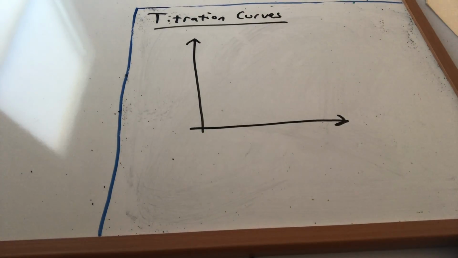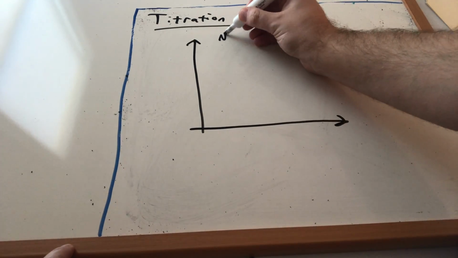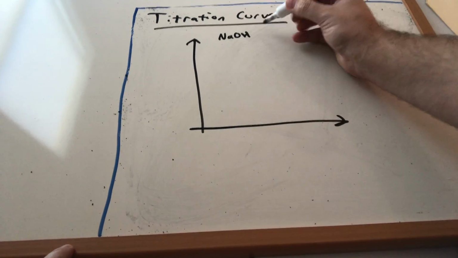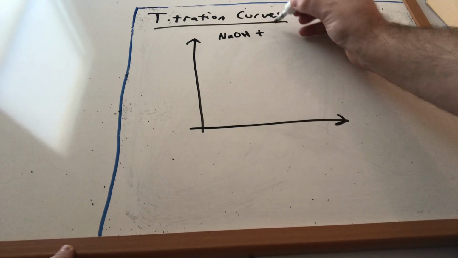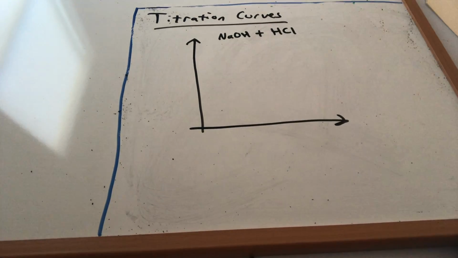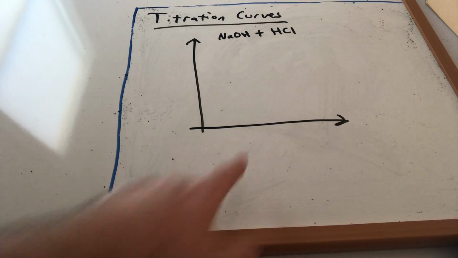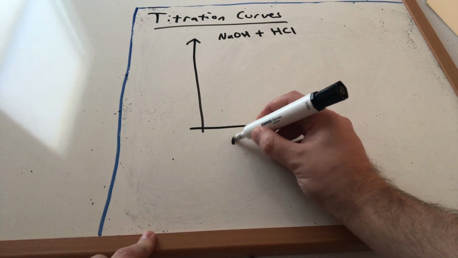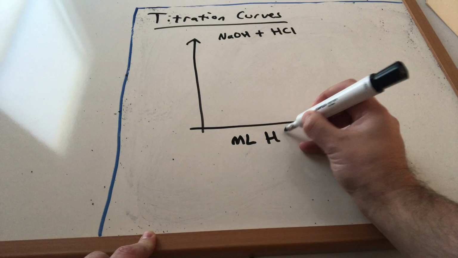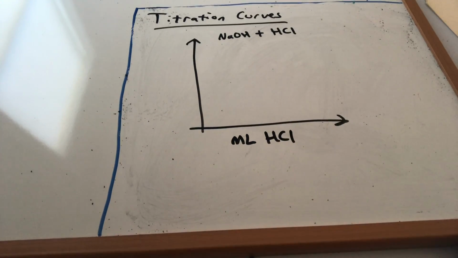So our first example, let's say that we start with NaOH, right? A strong base. And to that, I'm going to titrate with HCl. What a titration curve looks like is down here on this axis, you put milliliters of your titrant. Whatever strong species you're adding goes there.